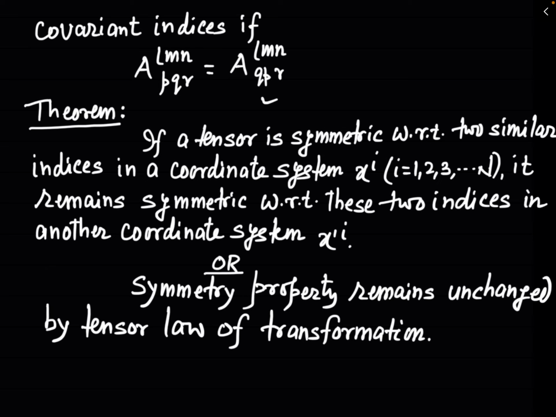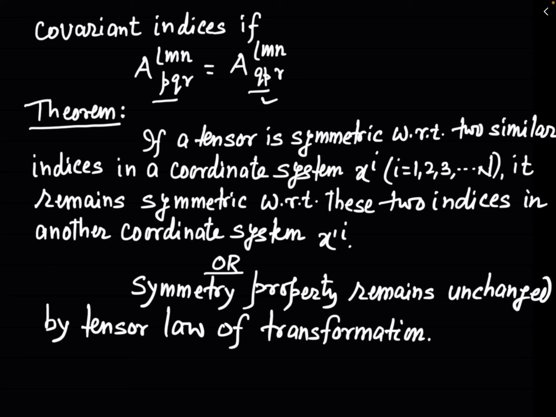You can see I have simply interchanged the indices P and Q to Q and P, and if these components remain the same, then we say that this given tensor A, L, M, N, P, Q, R is a symmetric tensor with respect to the covariant indices P and Q.